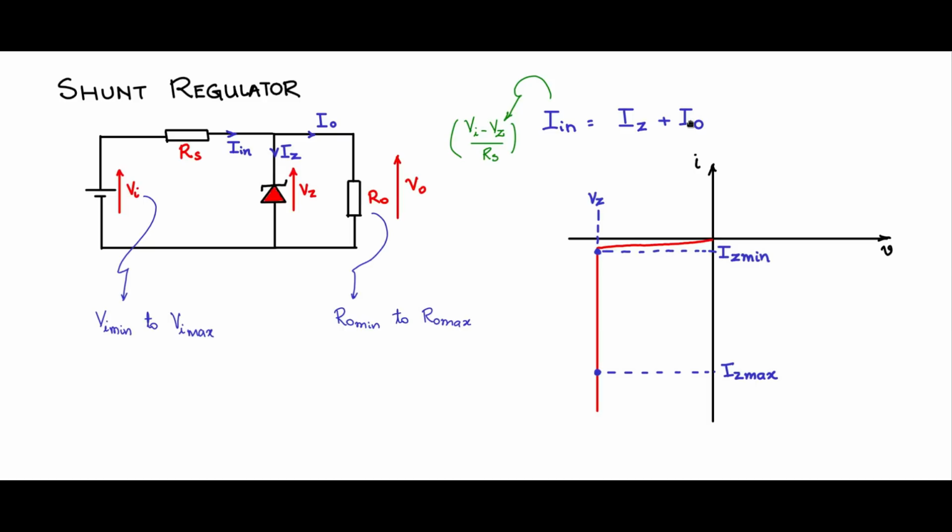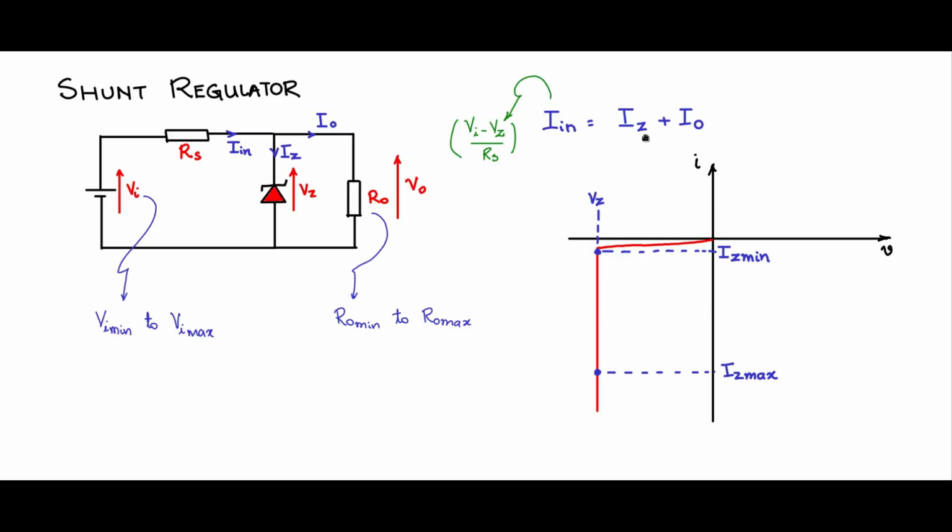If I0 is 0, then the whole of the In current flows into Iz, so the operating point will be somewhere here. If I0 is a maximum value, then Iz will decrease and it will probably be sitting at min value. The operating point will be here.